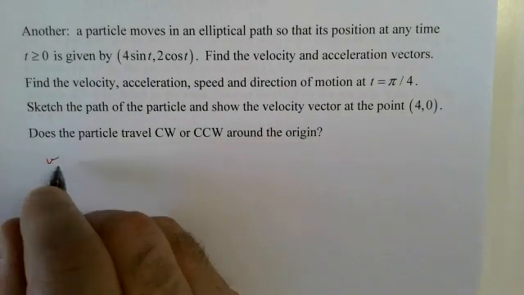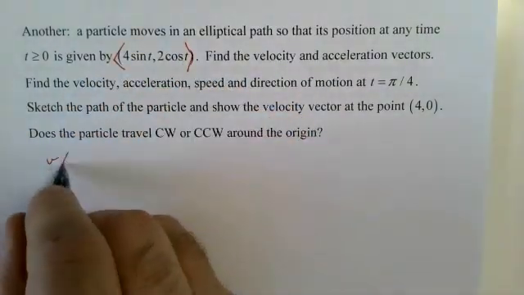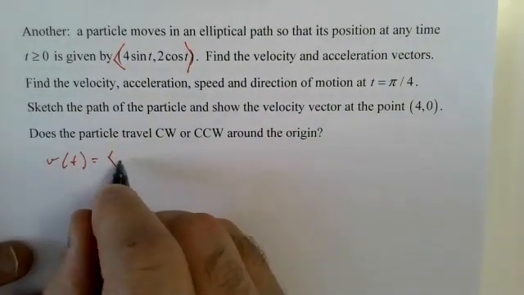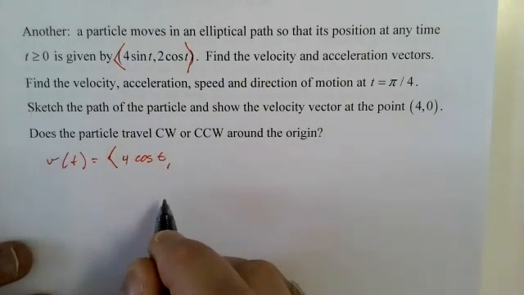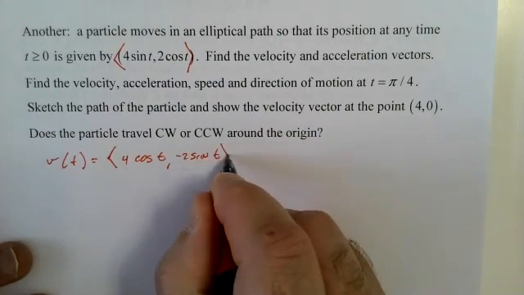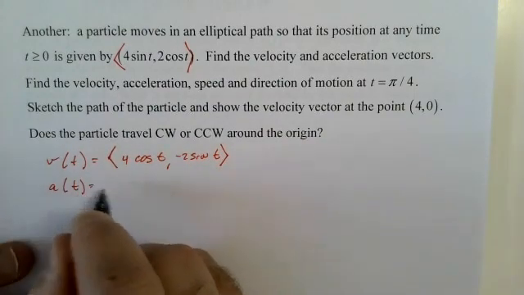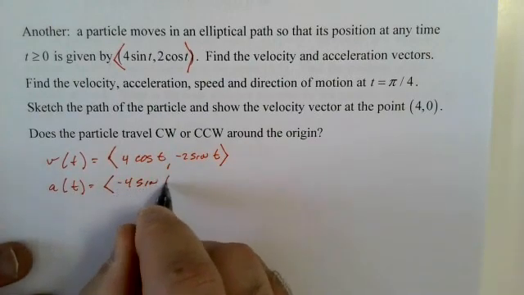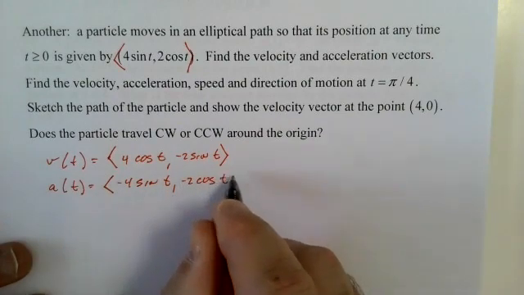All right, let's start with this one. Again, this should have brackets. V of t is 4 cosine of t, negative 2 sine of t. A of t is negative 4 sine of t, negative 2 cosine of t.